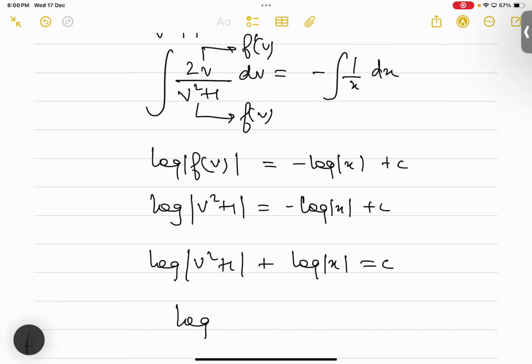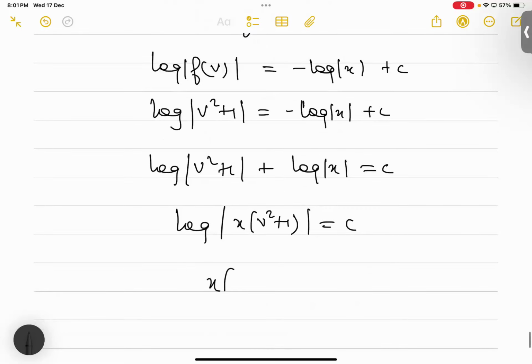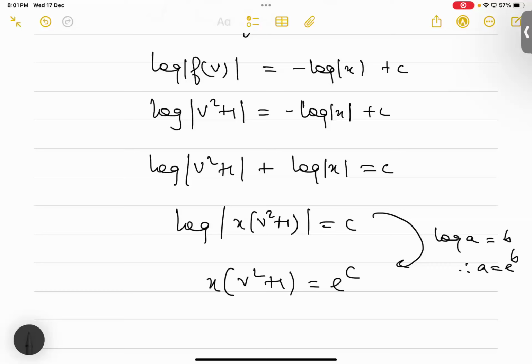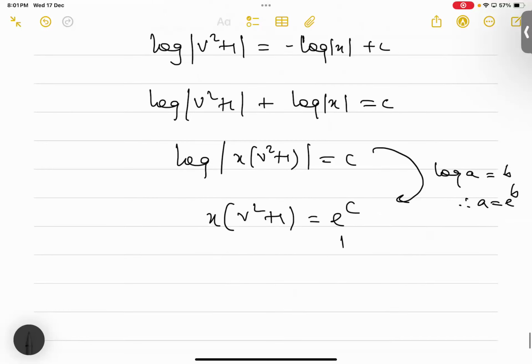Log A plus log B, log AB. Okay. So x into v square plus 1 is equal to, anyone? Can you tell me over here which property? Log A equal to B. Therefore, A is equal to e raised to B. E raised to C. Good. Now, what is e raised to C? Group of constants. So C1, and here you can just put the value of v.